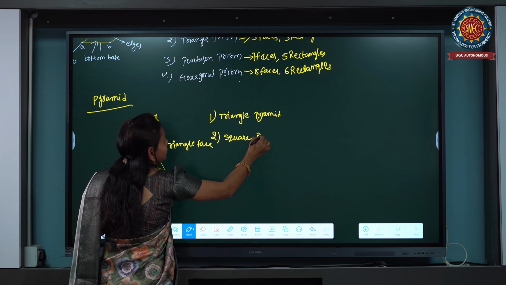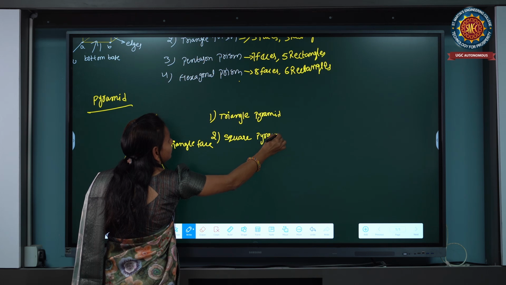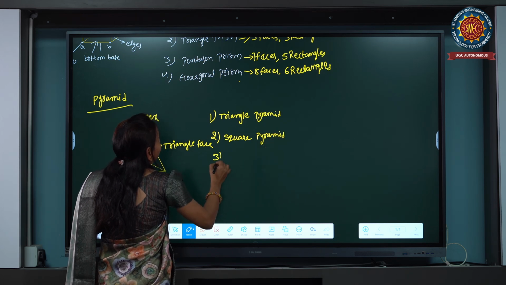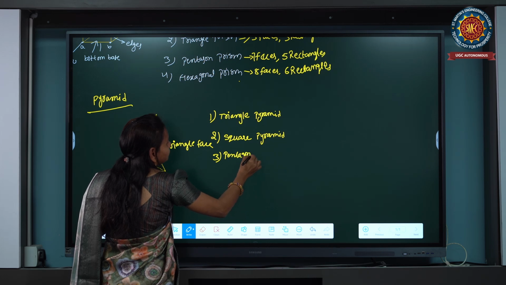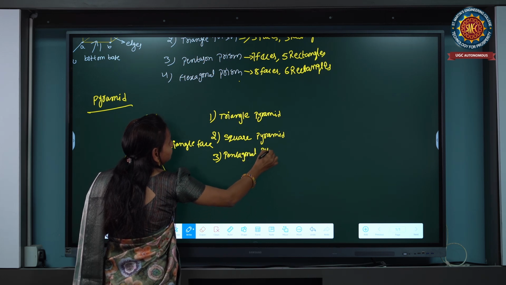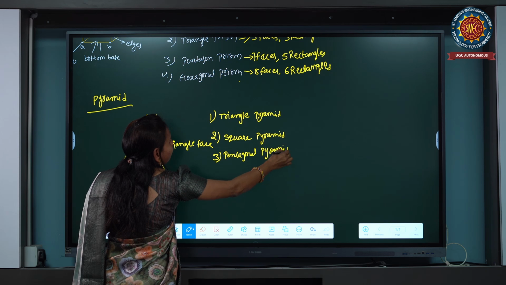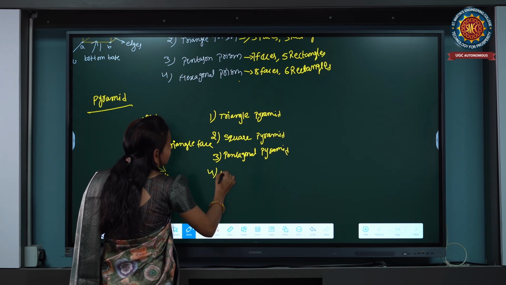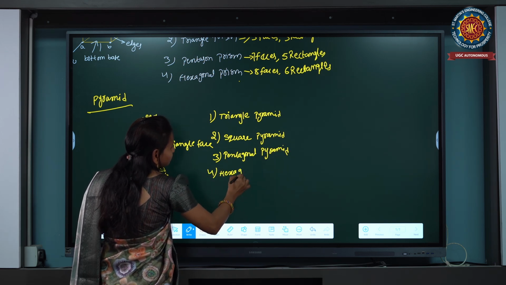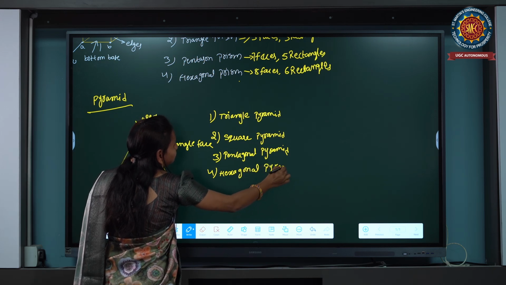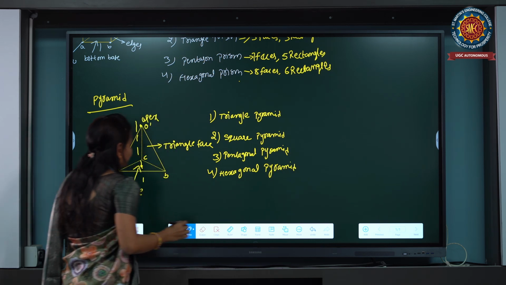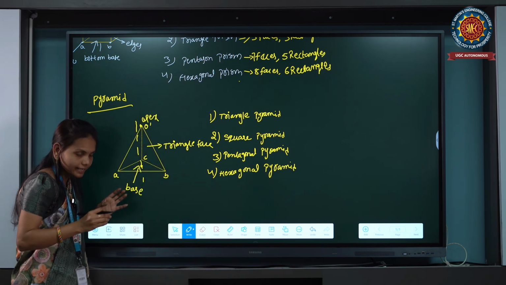The third one is the pentagonal pyramid. The fourth one is the hexagonal pyramid. This is the classification of the polyhedron.